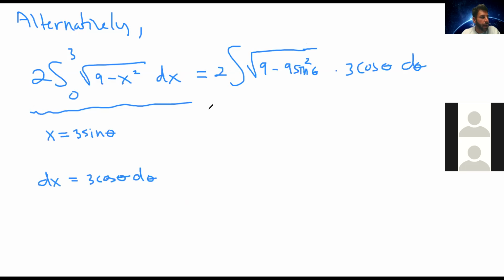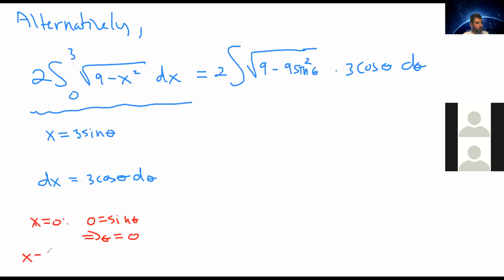Now, if I do my bounds, what are my new bounds? Well, this is probably what you're really getting at with your question, Phil. When x is 0, what does that mean from this equation? Well, you get 0 equals sine of theta, and that implies that theta has to be what? What spits out 0? Well, 0 does.